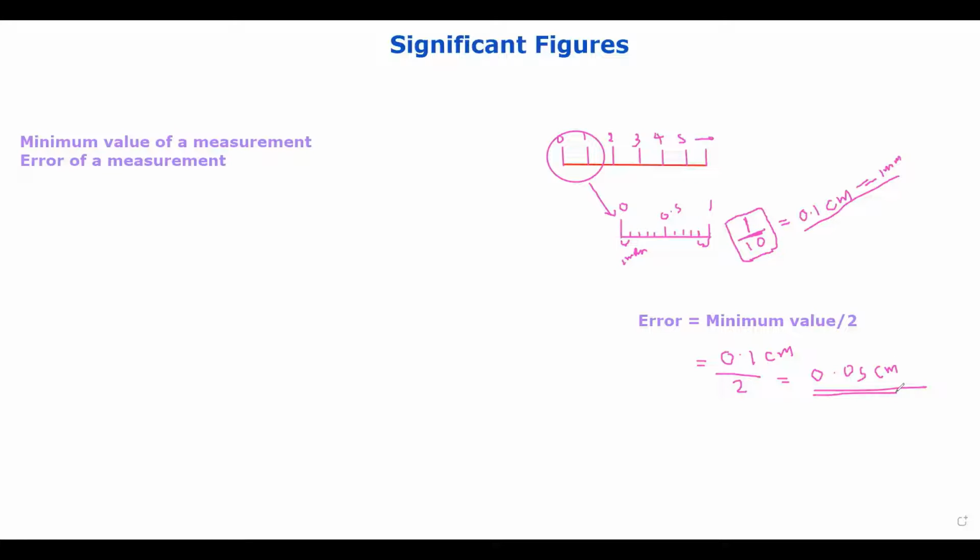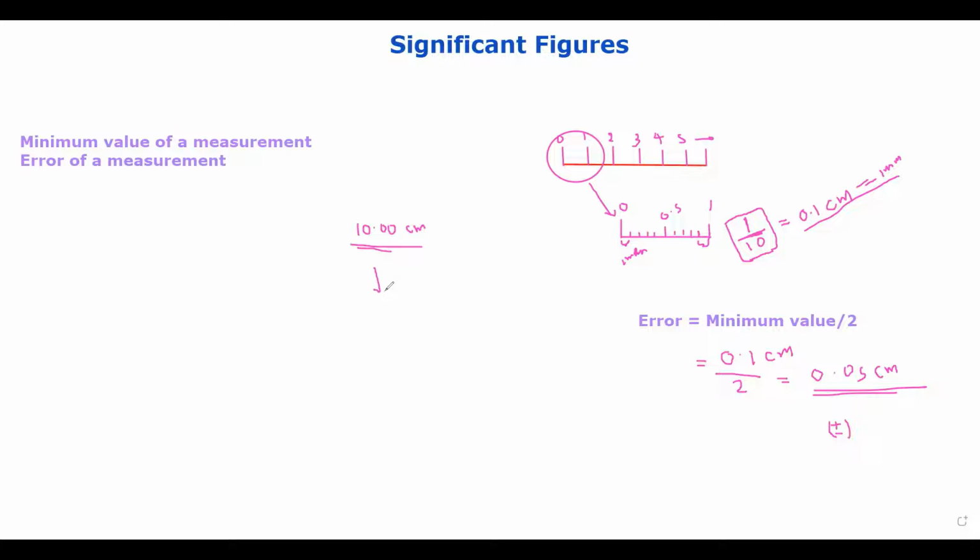When indicating an error, we always have to put a plus and minus mark, plus or minus. For example, imagine we got the length of a pencil as 10.00 centimeter. But as a science student, we can't put this value alone. We have to always mention the error.